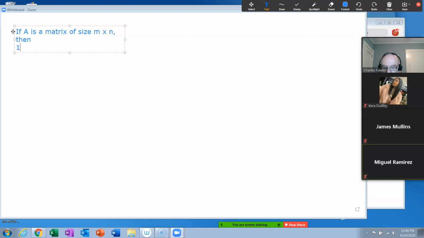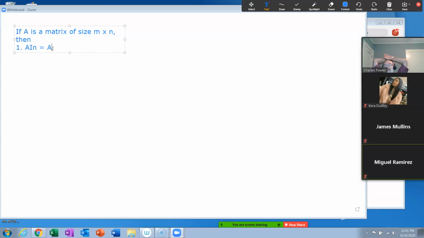Number 1. That A, M by N matrix, times I, but this I has to be, because I is square, meaning same number of rows and columns, and since you multiply it by A, which is M rows by N columns, this I has to be subscript N. That is what you can multiply with, and if you do, you get the matrix A again.